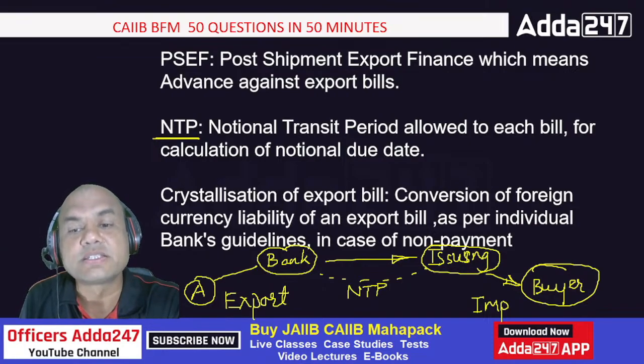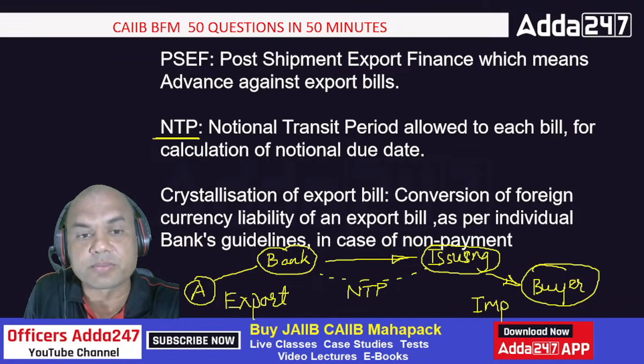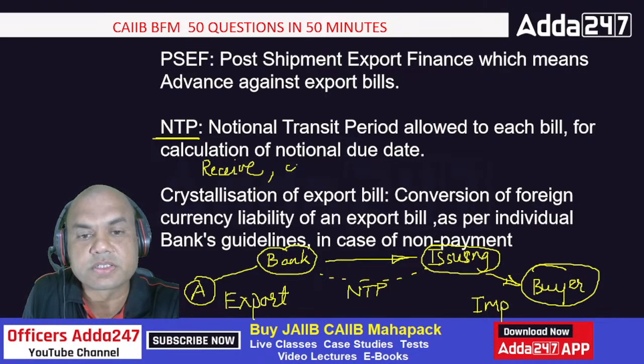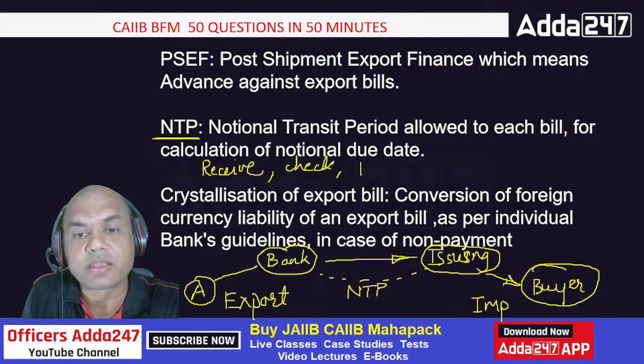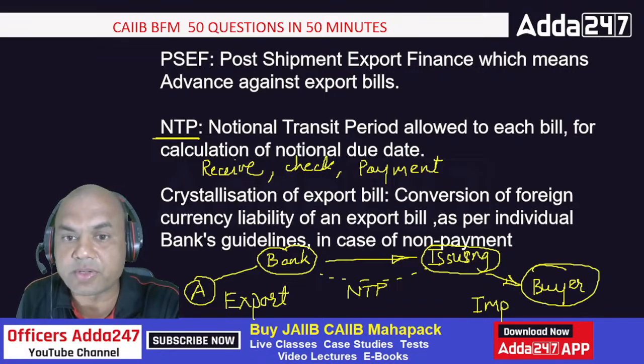Receiving it, checking it, and paying it. Receive the documents, check the documents, and then the last one is pay. All three steps are involved here, and this combined part and the number of days required for it is known as NTP. Clear, everyone?